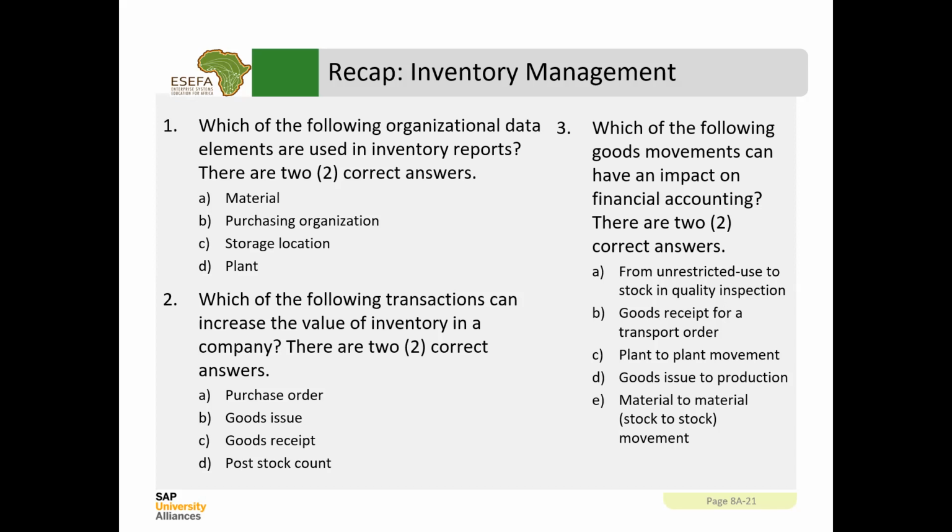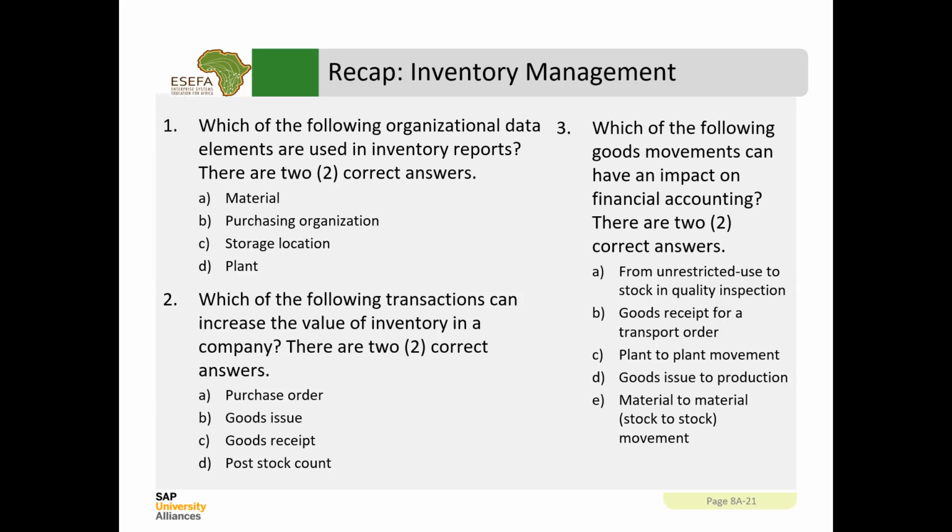So they are worse than scrap. If they are used up, definitely the number will reduce and that value will be lost. Quality inspection does not add value to your company. It's only telling you whether you are using good material or not. Are we together? So that stock movement will have financial impact.